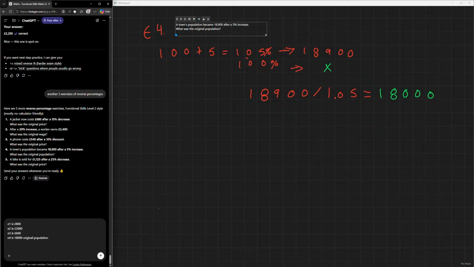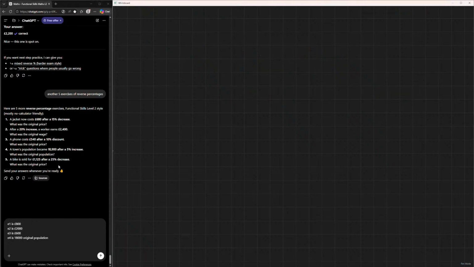And then for our last exercise, which is exercise 5, degrees.